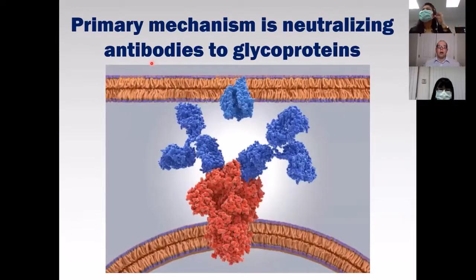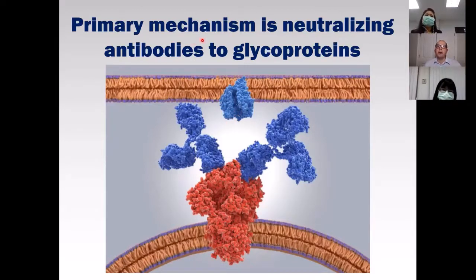So again, coming back to the similarities of these vaccines, both target these surface glycoproteins. They want to induce these antibodies that block the interaction between, in the case of the spike protein in the coronavirus, the ACE receptor on the human cell. In the case of influenza, they block that interaction between the hemagglutinin protein and sialic acids in the host cell.